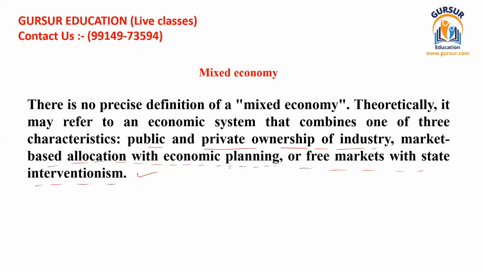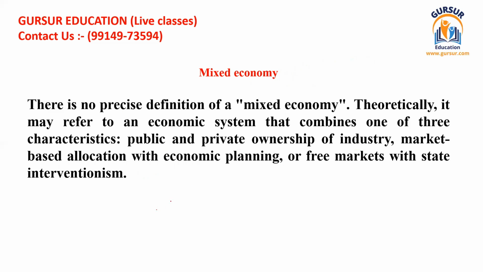In very simple or layman's language, whenever there is a combination of both private and public entities jointly owning the modes or factors of production, that system is known as a mixed economic system. I think you have got the idea.